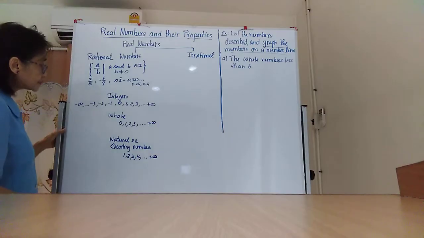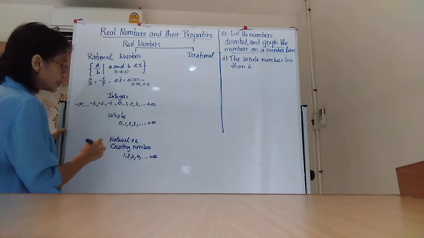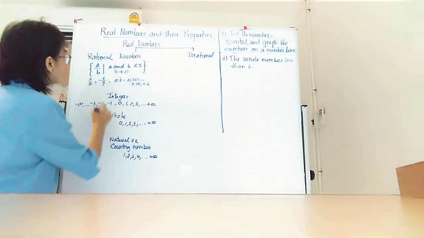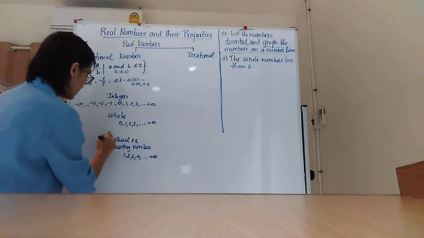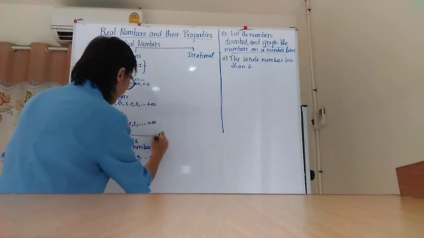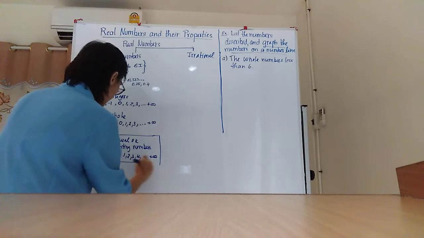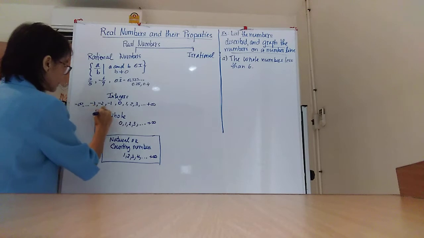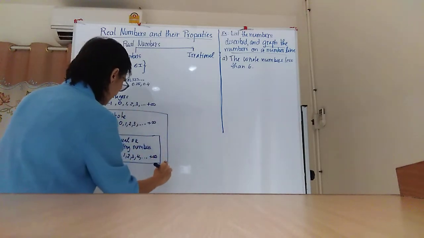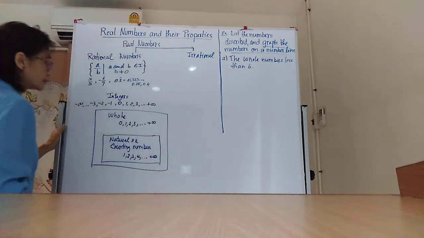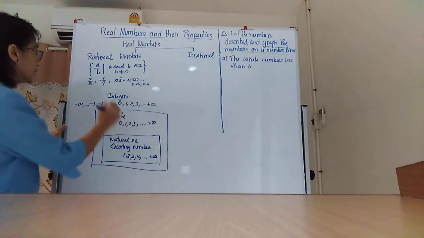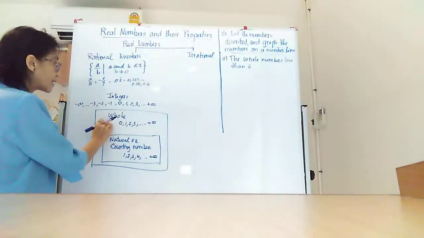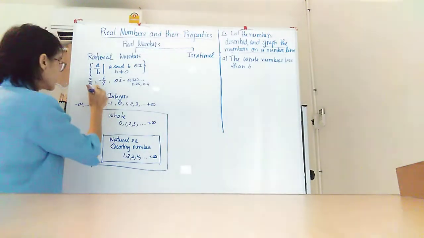Okay, we can see natural numbers or counting numbers are a subset of whole numbers. I will write it in a box, okay? Natural numbers are a subset of whole numbers. And then also natural numbers and whole numbers are subsets of integer numbers.